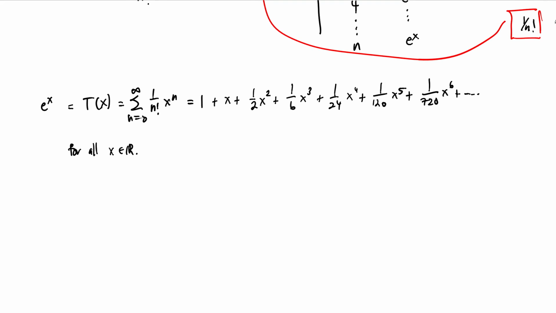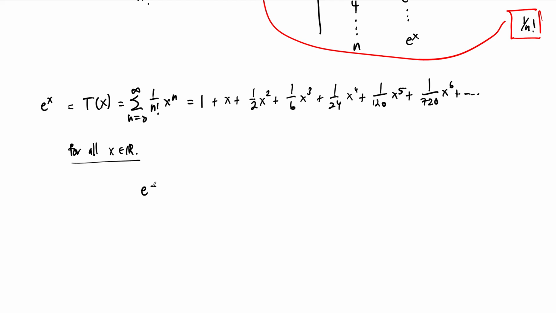And what this does then is give us one more way to represent the number e. So the number e we've defined in calculus courses a number of different ways, but here's another way, right? So the number e is just e to the power 1. Well, e to the 1 is going to be equal to, if we believe this, right, replacing all these x's with 1s over here.